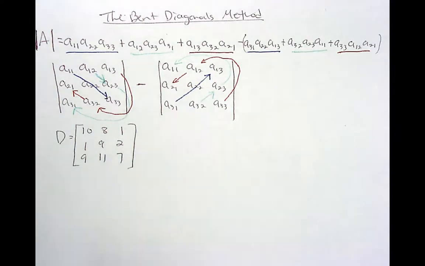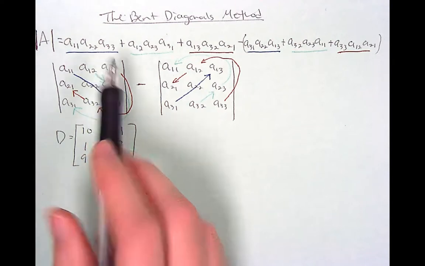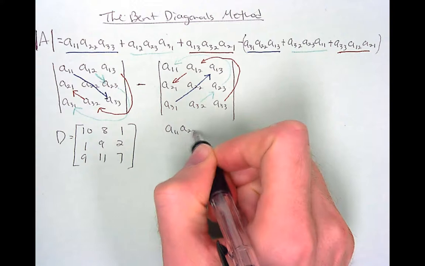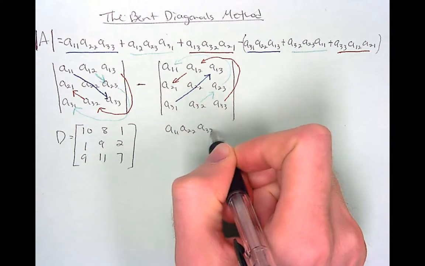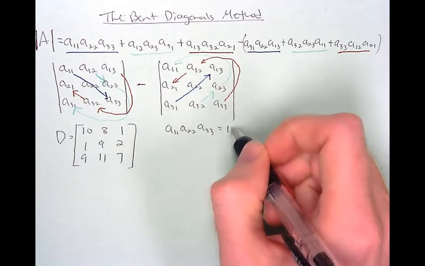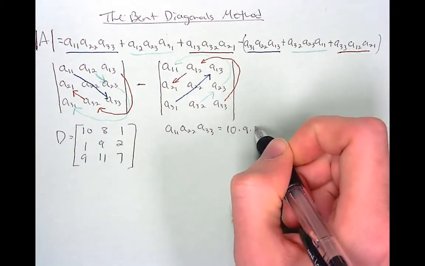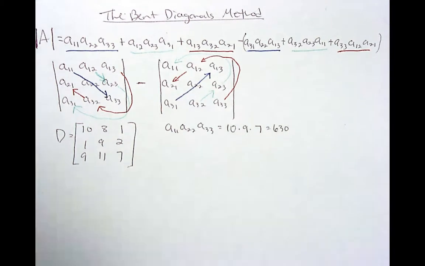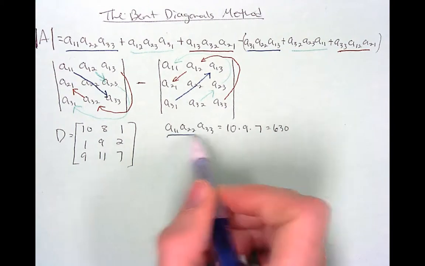So we're first going to do this one up here. So we have A11, A22, A33, which is going to equal, if we follow this pattern, 10 times 9 times 7, which equals 630. And that's this first blue one here.